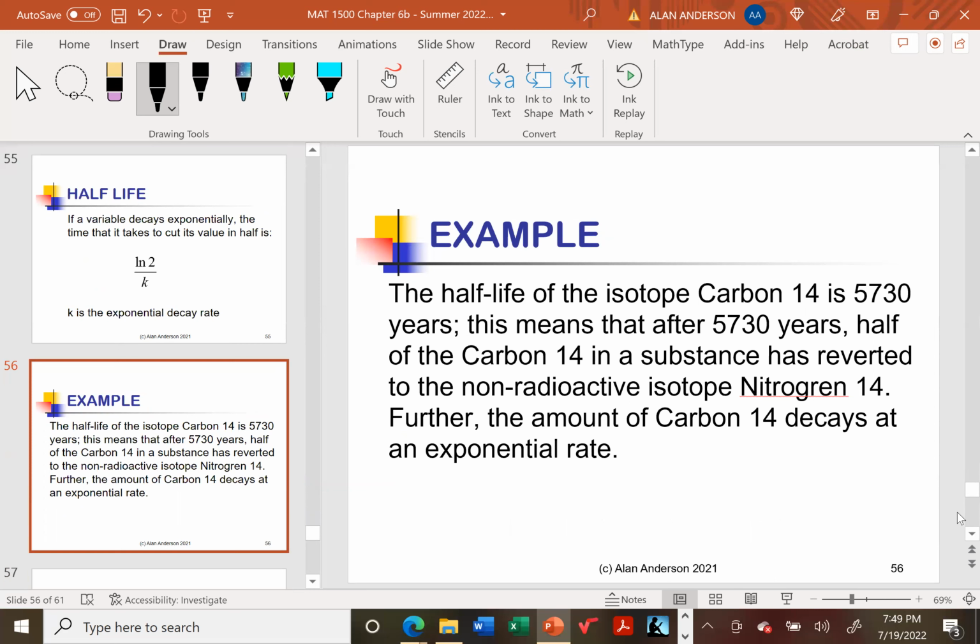You might remember from high school that carbon actually has an atomic weight of 12, but when it takes on 2 more neutrons, it becomes carbon-14. And so we call it an isotope. And so it's 5730 years, which means that it takes that many years for half the carbon-14 in a substance to revert to the non-radioactive isotope nitrogen-14.